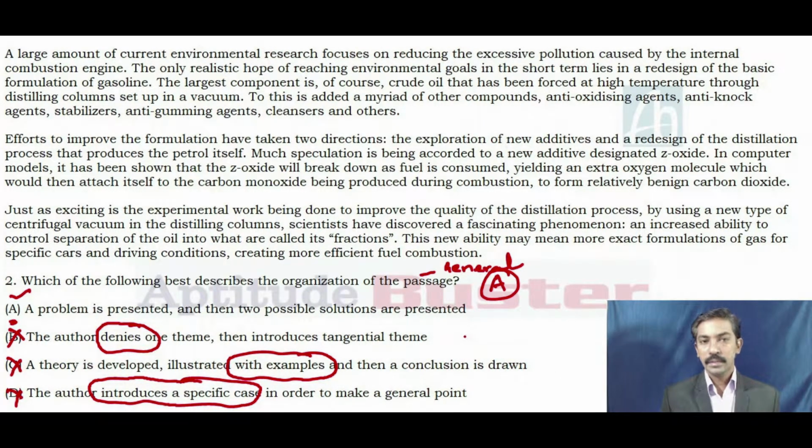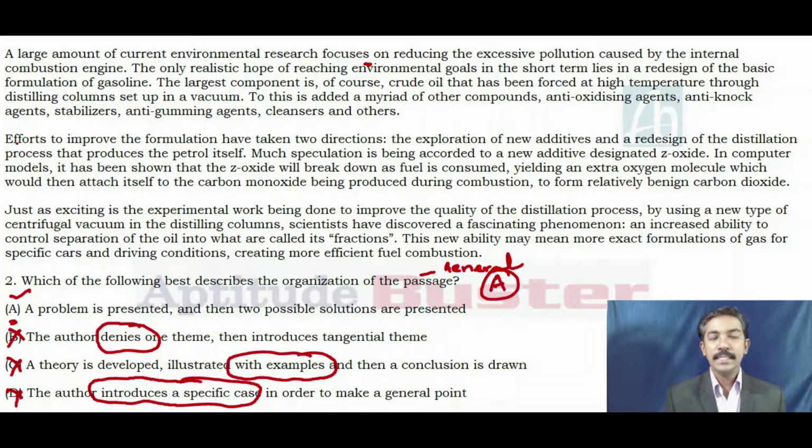Since we are on this type of question for the first time, that is while we deal with the organization of the passage, if you wonder how to get it, the author begins with a problem being presented. A large amount of current environmental research focuses on reducing the excessive pollution caused by the IC engines. A problem has been presented.